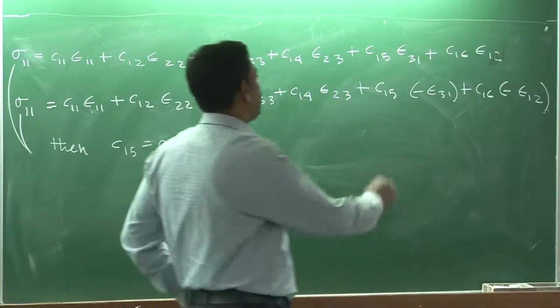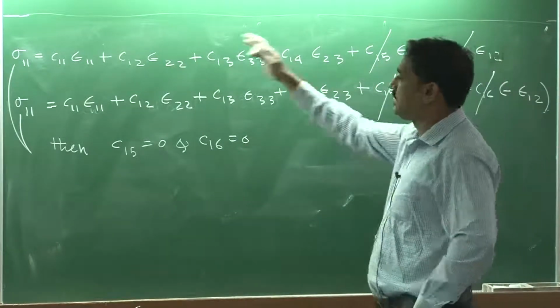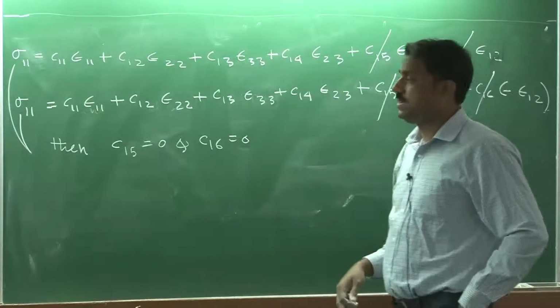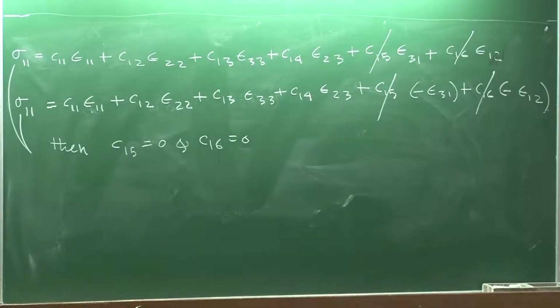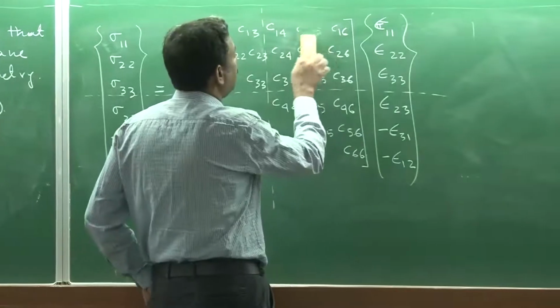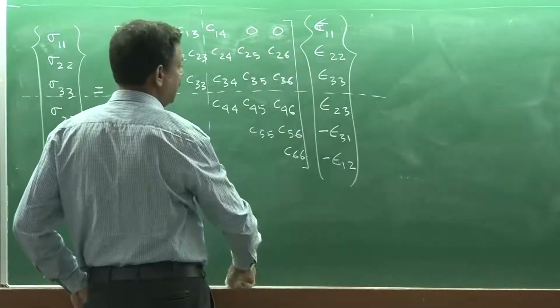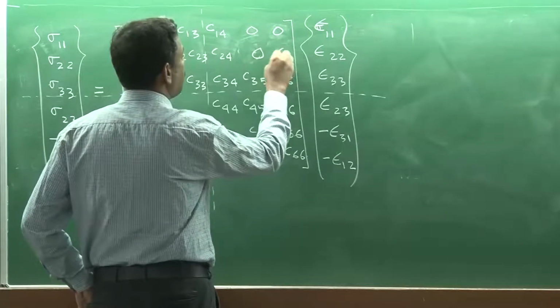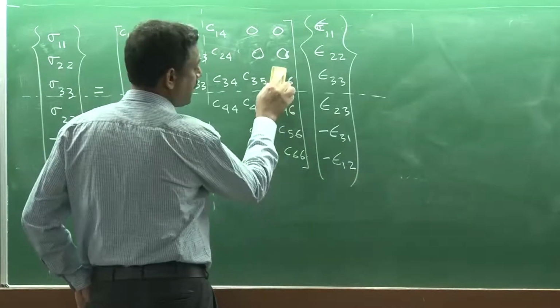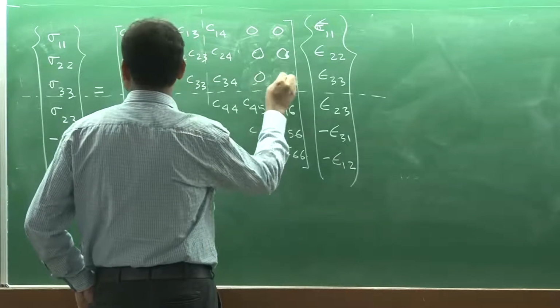If these are 0, then it does not really matter because the rest of the expression is the same. So the coefficients associated with these two must be 0. This is 0, this is 0. Similarly, this is 0, this is 0. Similarly, this is 0, this is 0.